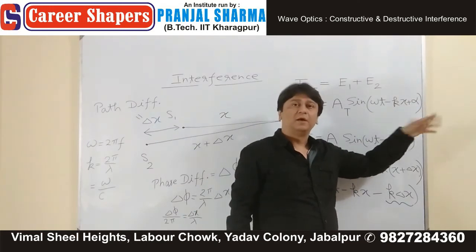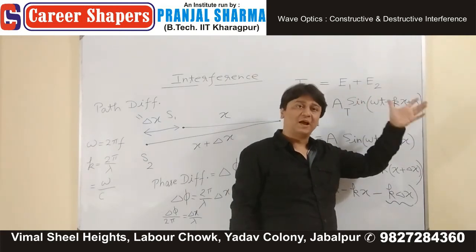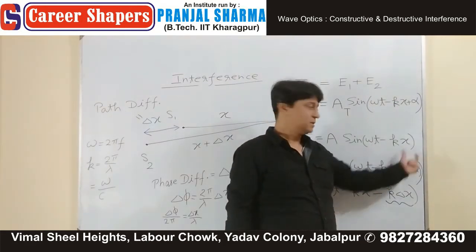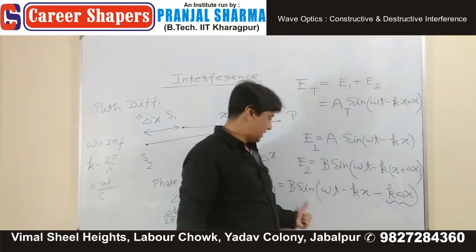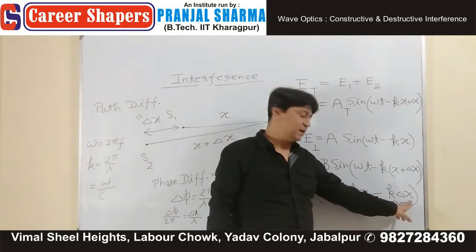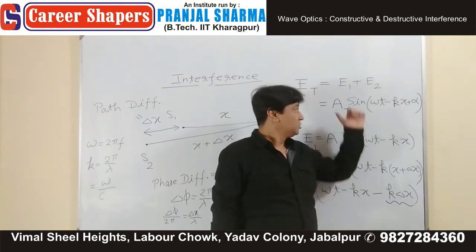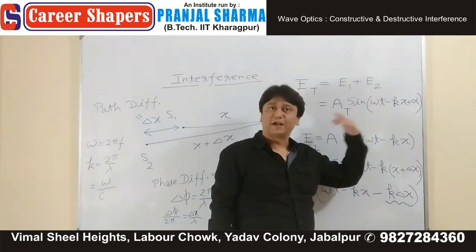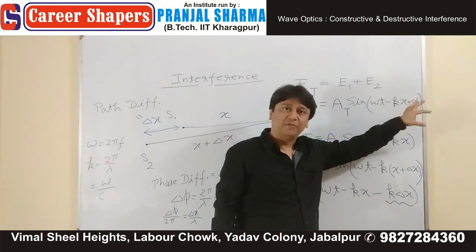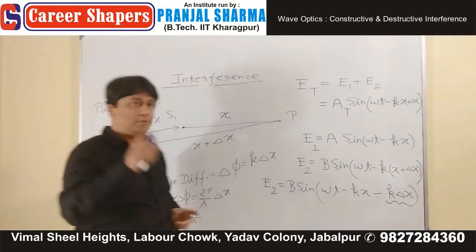What is alpha? Again, additional phase which superimposed wave will have. E1 is omega t minus kx. As compared to E1, E2 has an additional phase of k delta x, or you can say it's behind k delta x. When you superimpose these two, the resultant wave which you get has some other alpha. This can be positive, this can be negative.